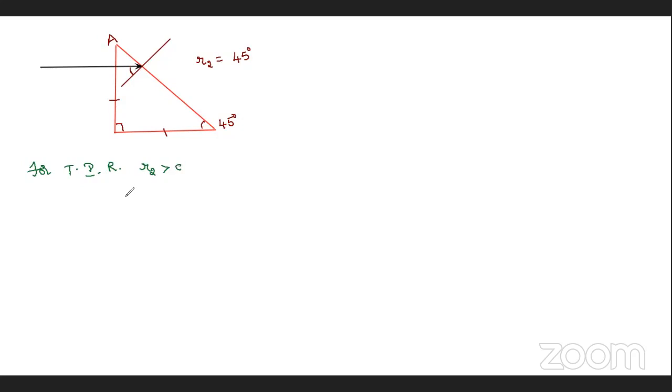Sine R2 must be greater than sine C to get total internal reflection. Sine R2 is sine 45, which is 1 by root 2, and it must be greater than sine C. If you take the surrounding medium as air, sine C is 1 by mu, where mu is the refractive index of this prism.